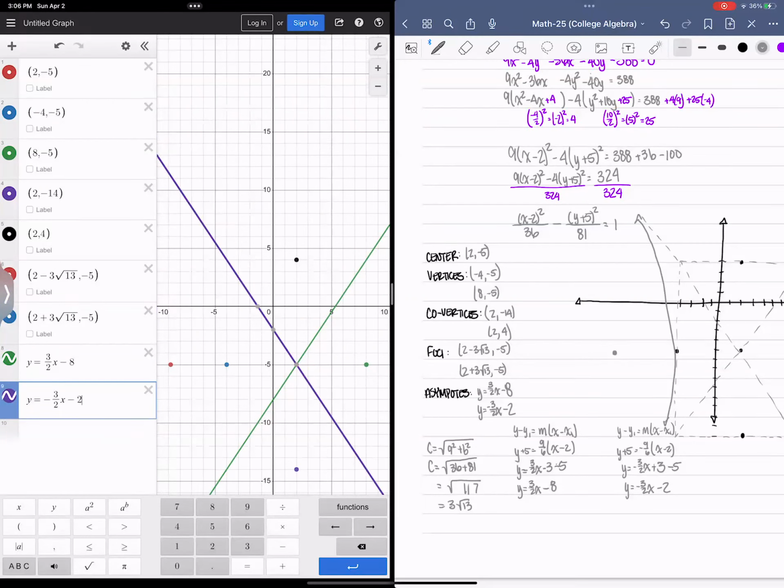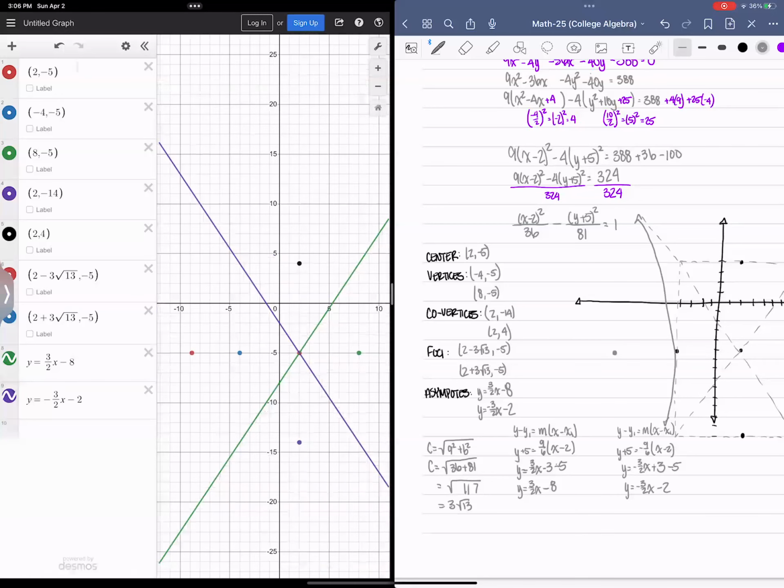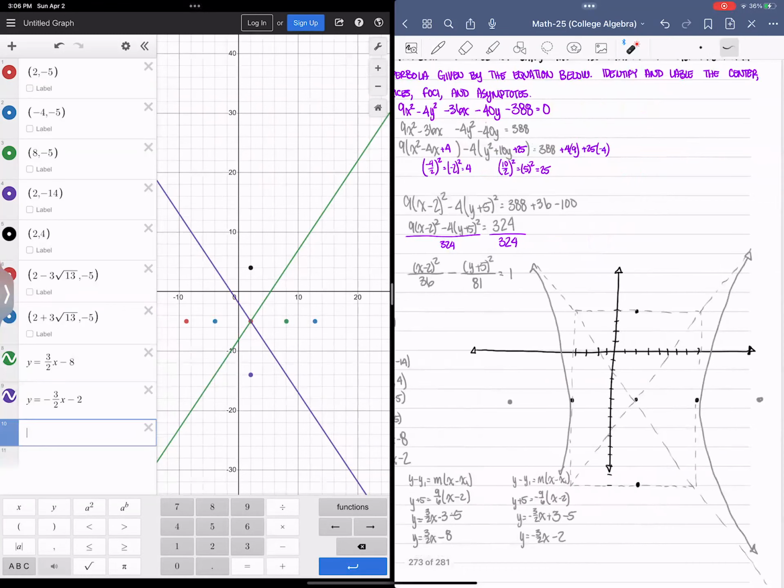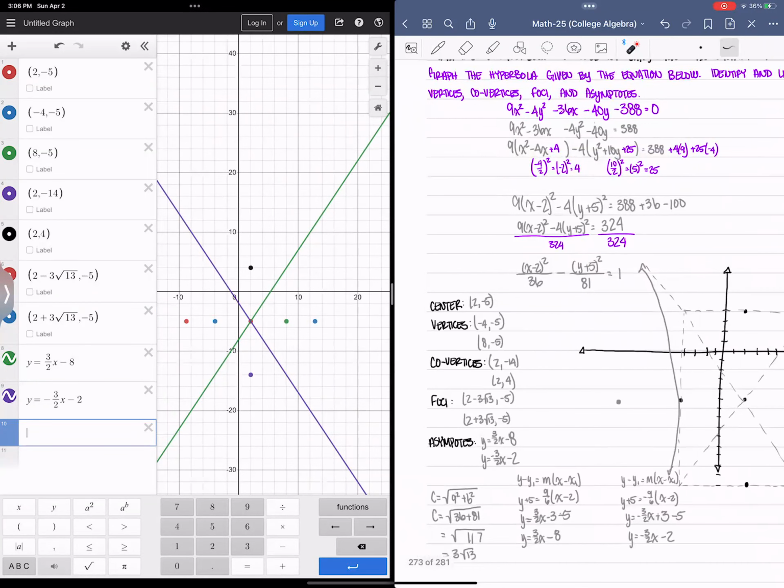Notice that it goes through the center right there. Kind of cool. And lastly, from here, let's graph the actual graph, which ends up being like this part right here. So this equation here.